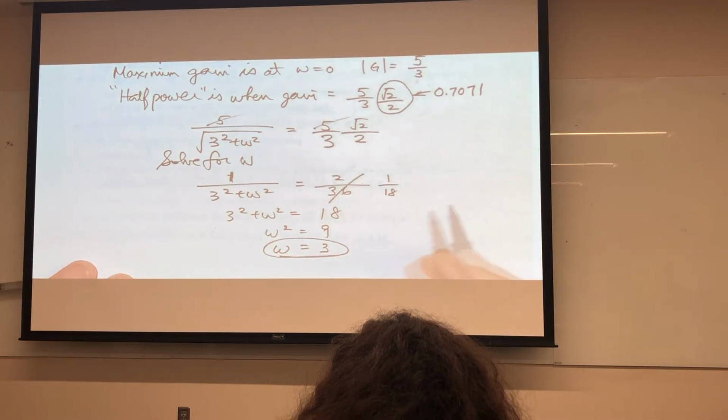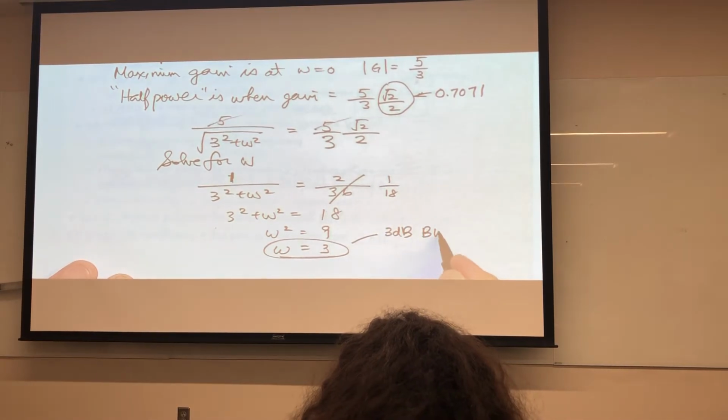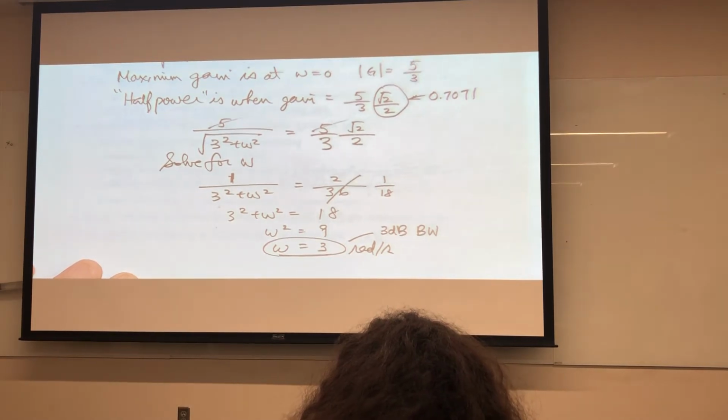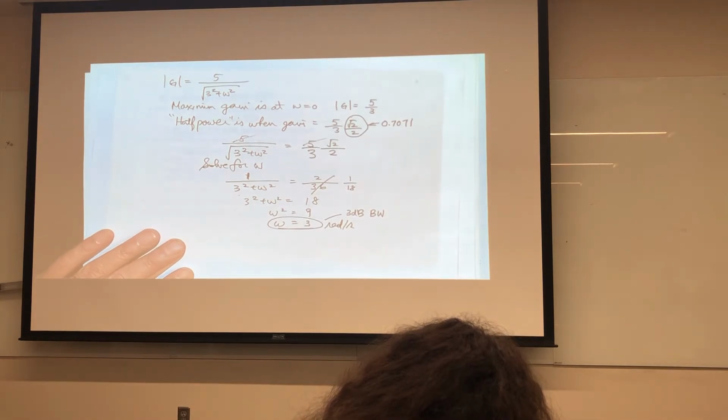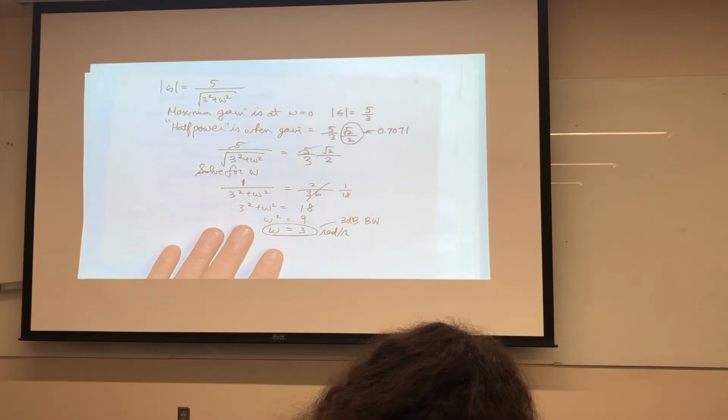Okay, so this would be the 3 dB bandwidth. 3 radians per second. So that's an example of how we would calculate the 3 dB bandwidth.